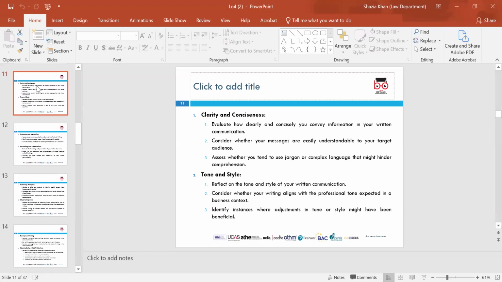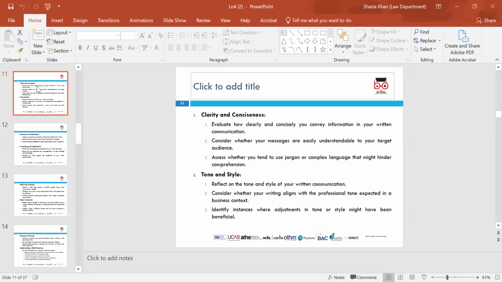Clarity and conciseness. Evaluate how clearly and concisely you convey information in your written communication. So be it email, be it a newsletter, or be it just a general letter. Consider whether your messages are easily understandable to your target audience.